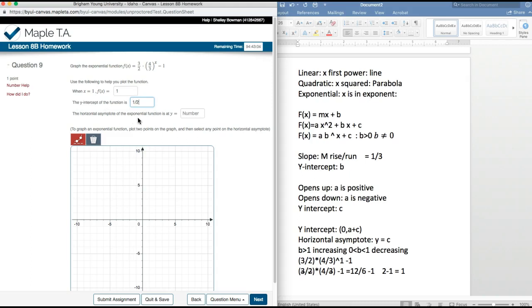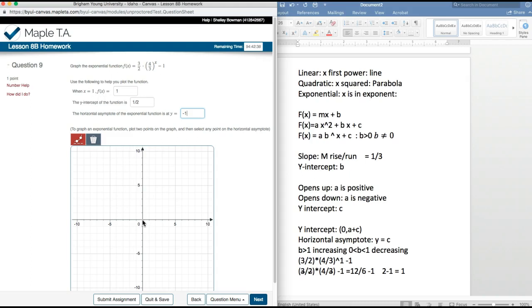The horizontal asymptote of the exponential function is at y equals something. The horizontal asymptote for exponential functions is just that last number, y equals c. And because I have a -1 here, that asymptote is at -1. Okay, so now we're going to graph these. The coordinate point 1, 1.